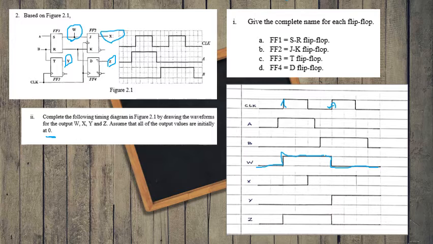After that, to find the output X, the input will go through the JK flip-flop.